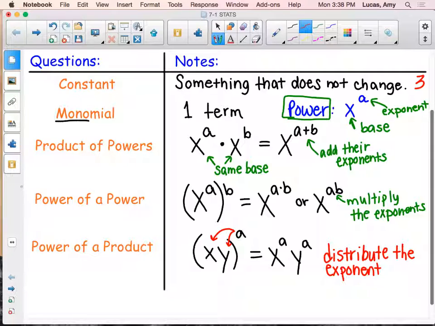If that happens, you multiply together your exponents. And then power of a product means that you have a power outside of parentheses on a product of things that are multiplied together. In that situation, you distribute your exponent to everything inside. And if there was an exponent on your x or on your y or on your term anywhere, you would multiply it using the power of a power.